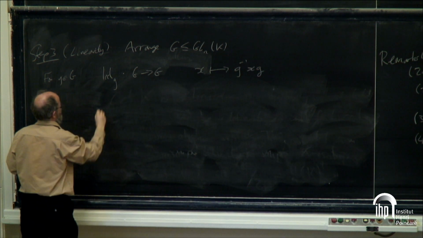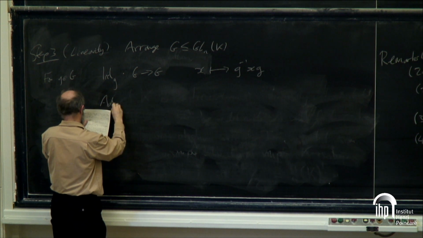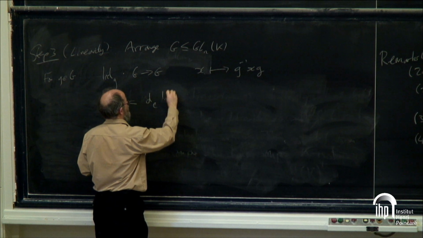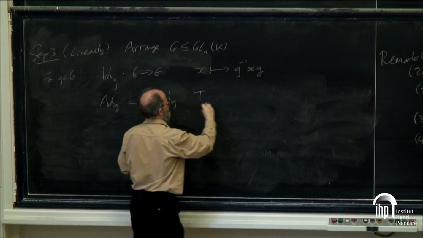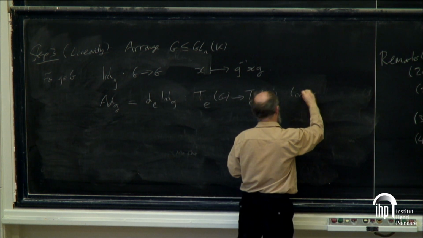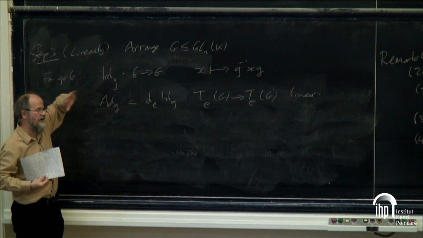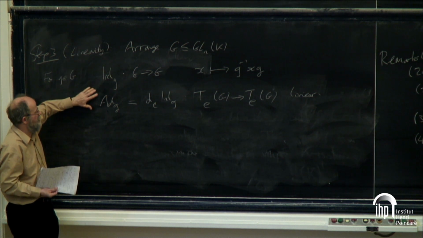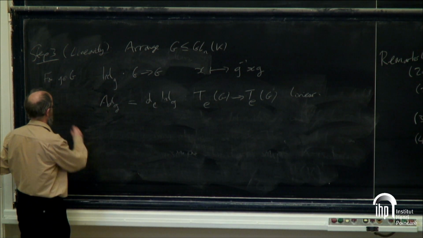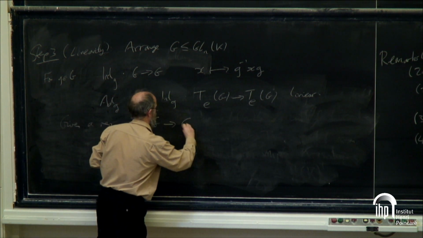And then you can take the adjoint map, which will just be the differential of this, d(int g) at e, which will be a map from the tangent space to itself, and it'll be linear. So it's a familiar argument. You can think of the adjoint of an element as being a matrix given by a Jacobian with respect to a basis. So you can think of it as a matrix, and it gives you a representation. So this gives a representation rho from G to GL_n(k).